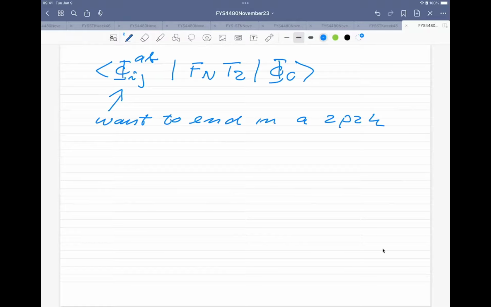So when I've done all these kind of manipulations, this is where I am. So we want to end in a two-particle, two-hole state, which then means that we need to have a level +2 excitation. This is where we need to end.